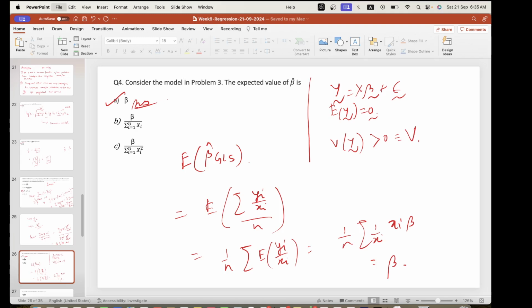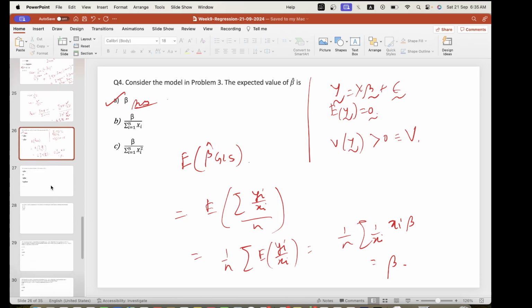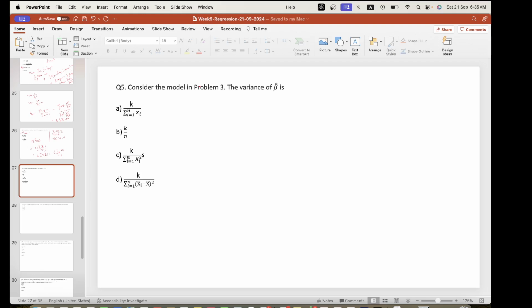Okay, so moving on to the next one. Again, the variance of beta hat is the same thing. We have the formula for beta hat, 1 by n summation yi by xi.